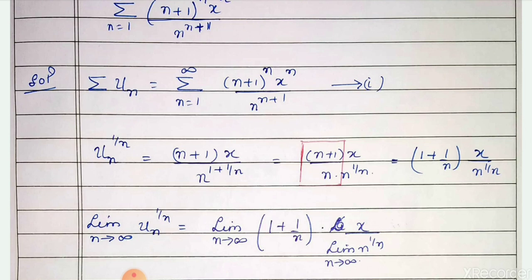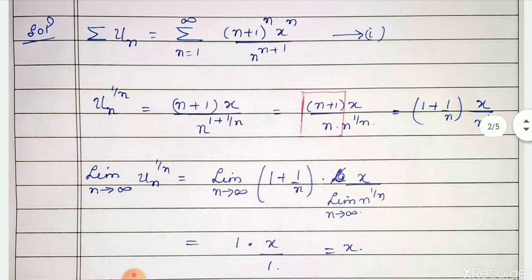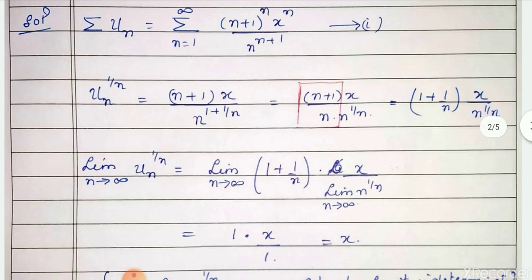Now those n terms in that part which I have marked, I have taken together, n plus 1 by n. Then we have x in the numerator, and n raised to 1 by n is another term. So the term inside that red marking is written as (1 plus 1 by n) x divided by n raised to 1 by n. Now we apply the limit as n tends to infinity on both sides. 1 plus 1 by n reduces to 1.